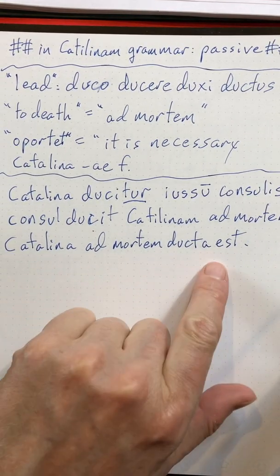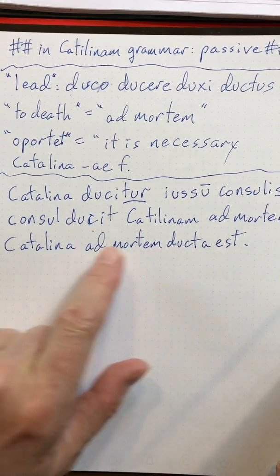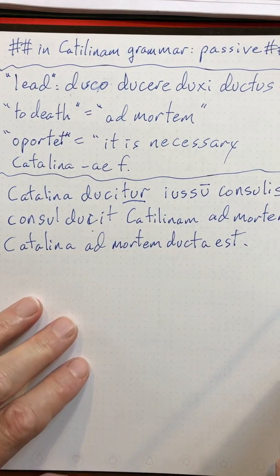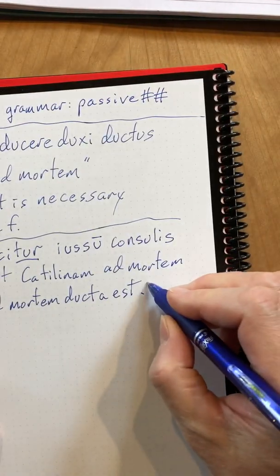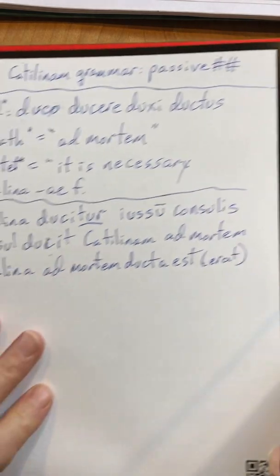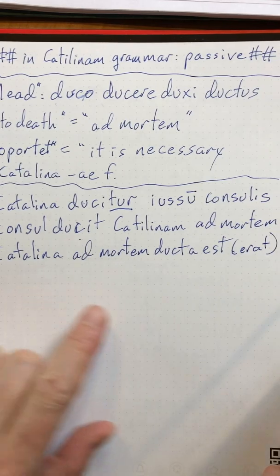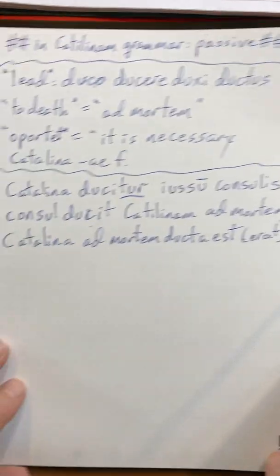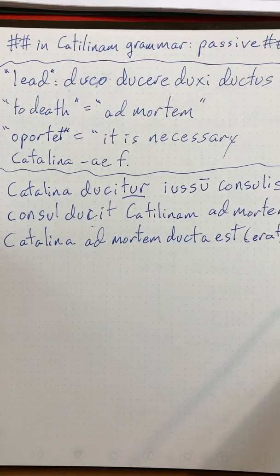Catilina has been led to death. Now we're using the perfect passive there. And you could go further. You could say erat here. Pluperfect passive. Now Catilina had been led to death.